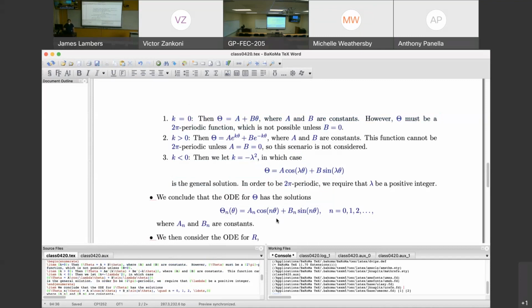So our separation constant is equal to negative any integer squared.